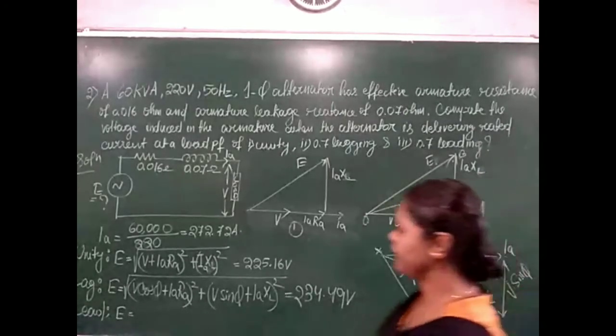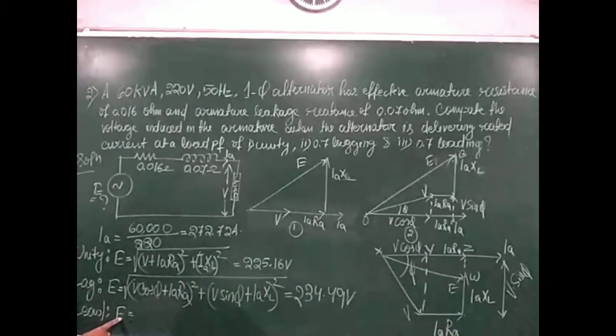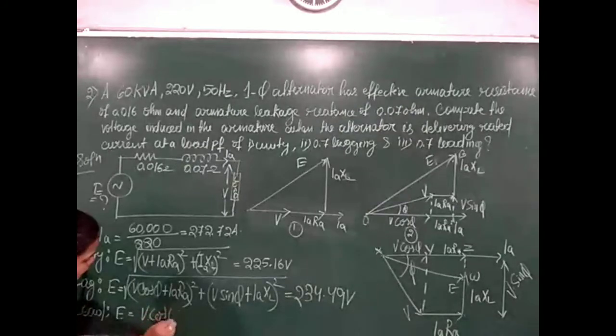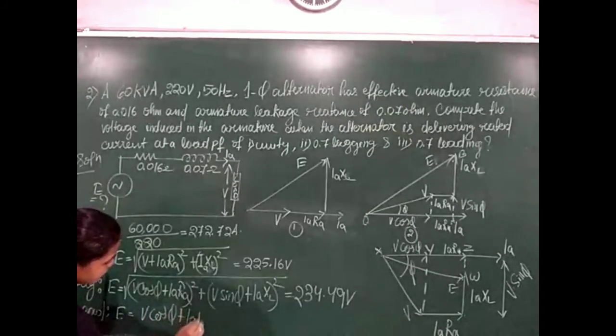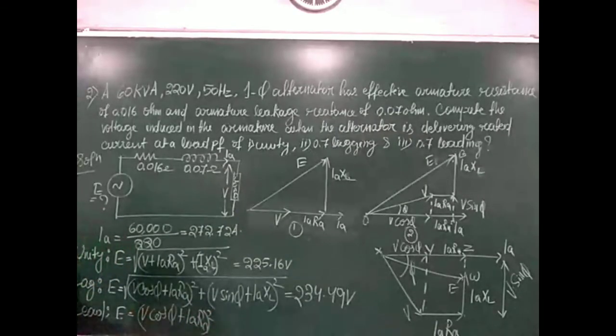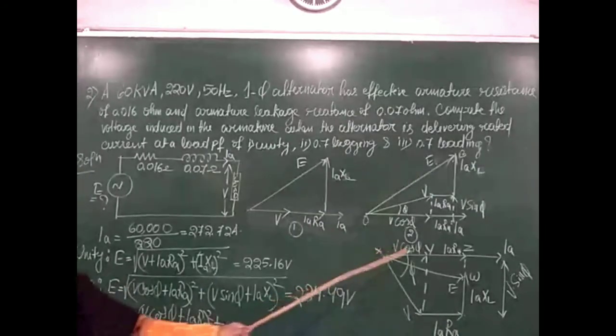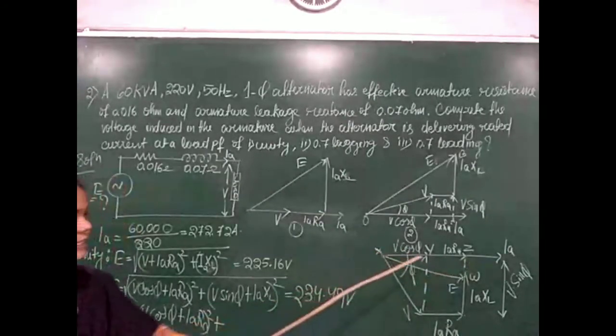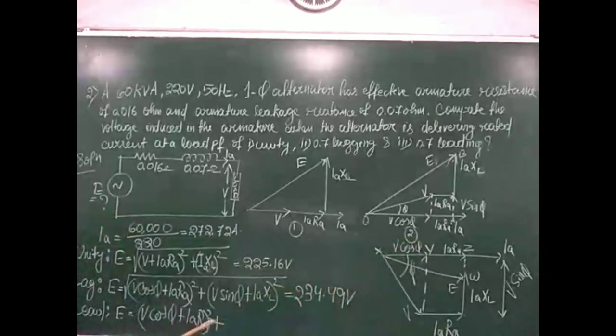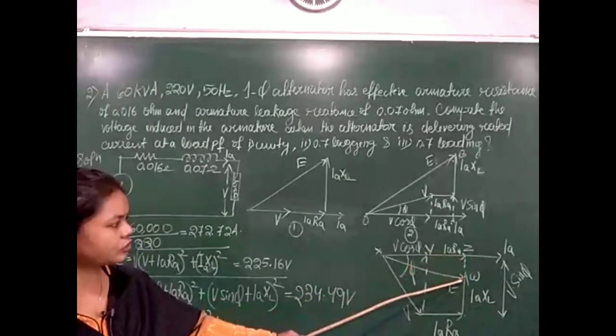So E, that is the voltage induced, is equal to V cos phi plus IaRa all square plus XZ plus ZW square.